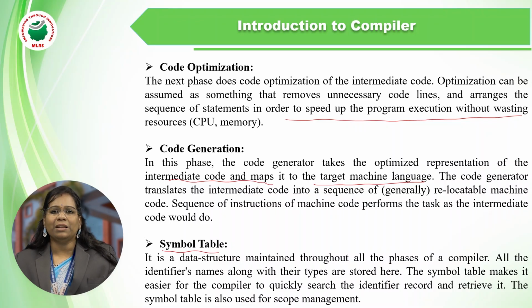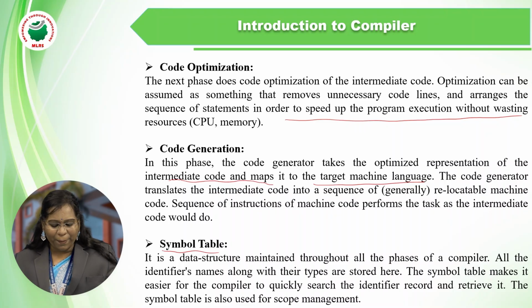We can say the symbol table is the storage unit of all the phases of the compiler, and it stores all the identifiers, keywords, numeric values and variables.